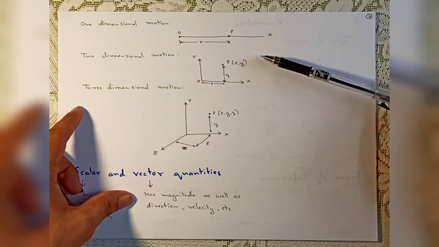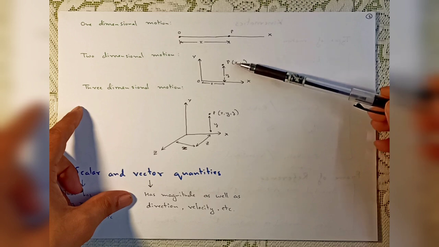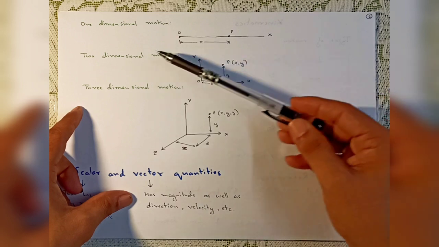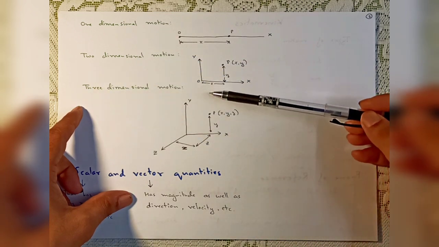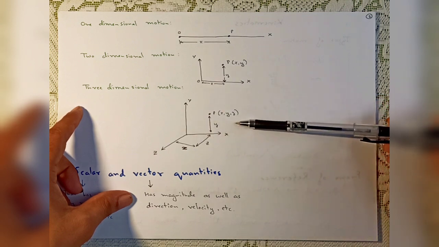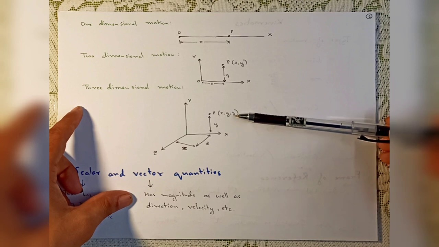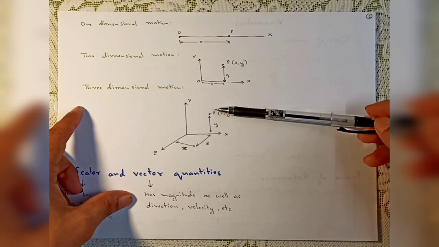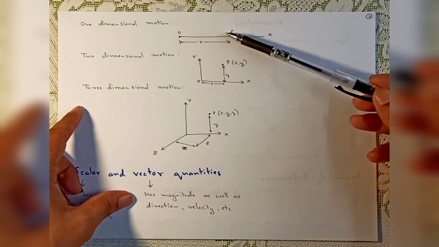It can be y and z, it can also be x and z. And three-dimensional motion, where a point object has the value of all three coordinates x, y and z. This is the case with 3D, 2D and 1D.